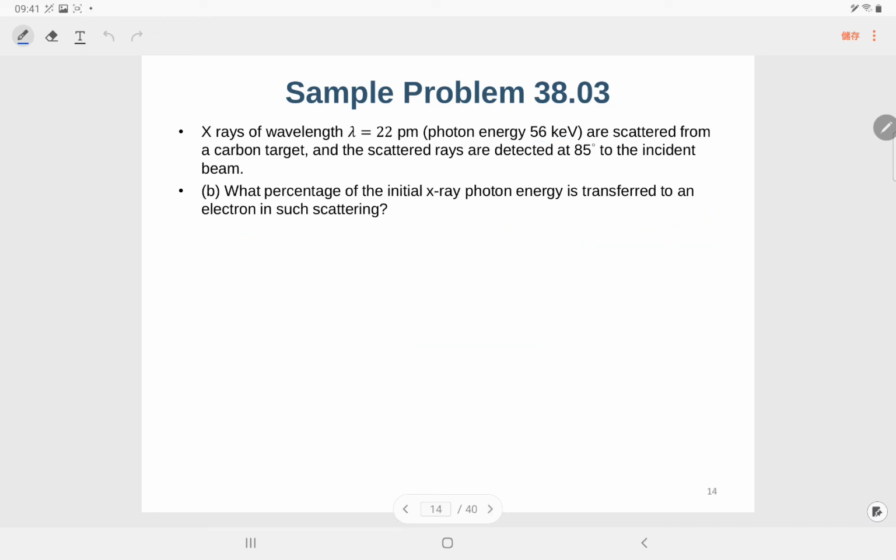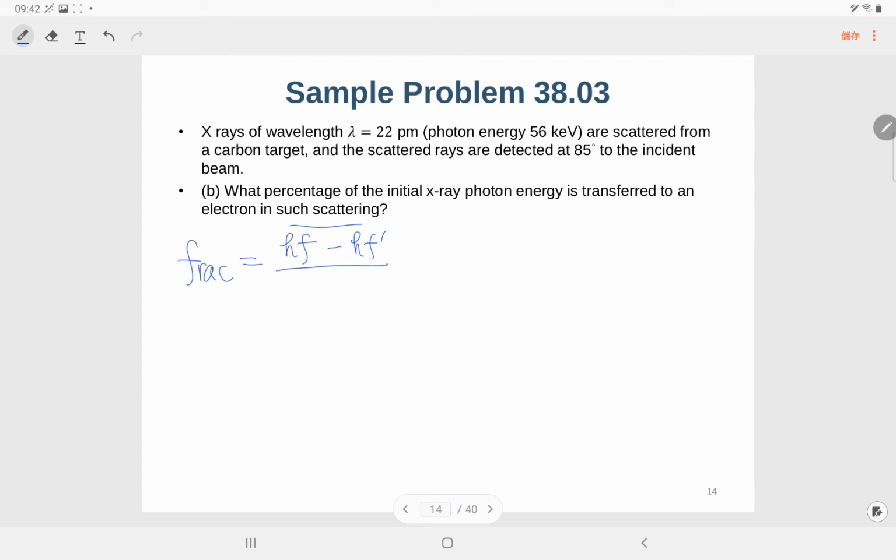And then for part B, what is the percentage of the initial X-ray photon energy that is transferred to the electron in such scattering? So actually we can calculate it by fraction. Originally it should be hf, the original energy of the X-ray, and then the final energy of the X-ray should be hf prime, and the difference is transferred to the electron as kinetic energy.